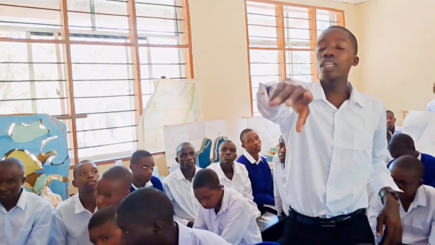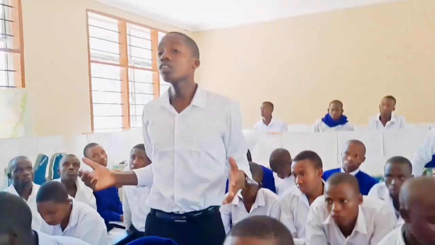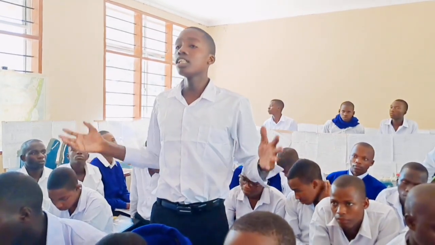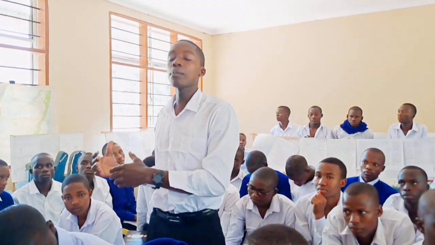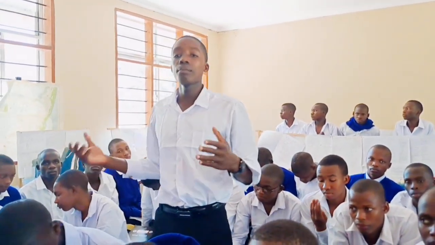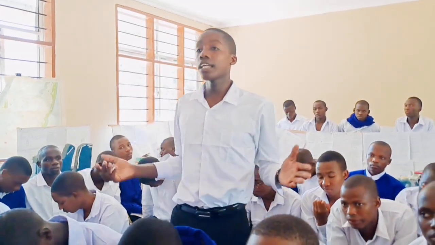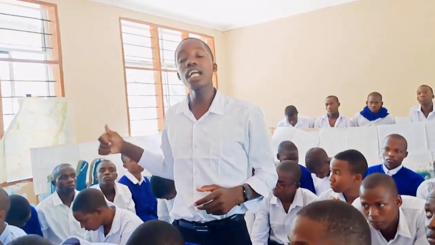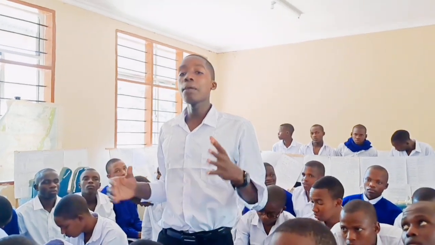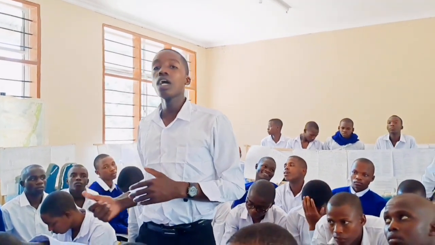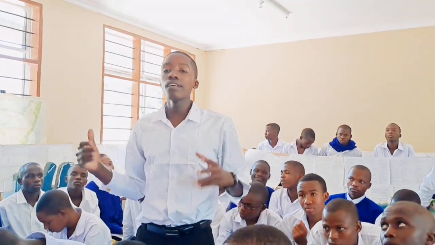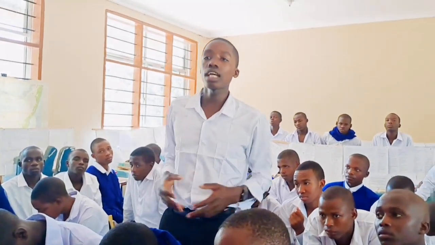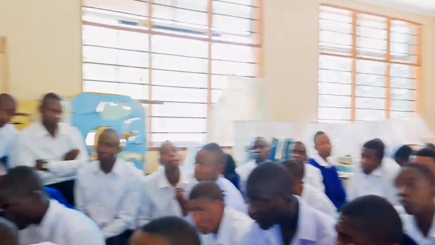Continental drift also led to the formation of mountains, which draw people from different countries for tourism. Also the Rift Valley, for example the Great East African Rift Valley, people come and look. So continental drift led to the formation of the human activities mentioned. Thank you. Clap hands.